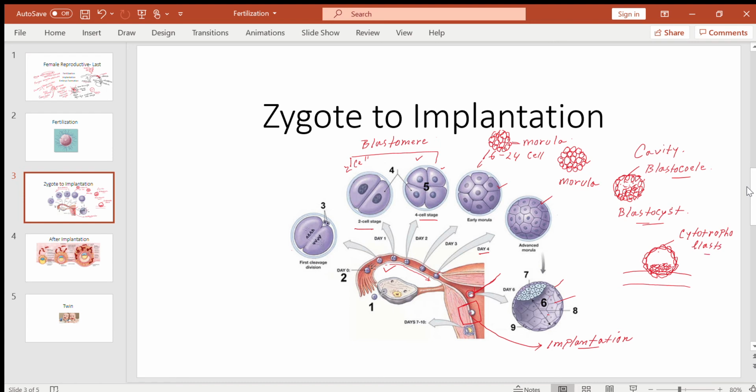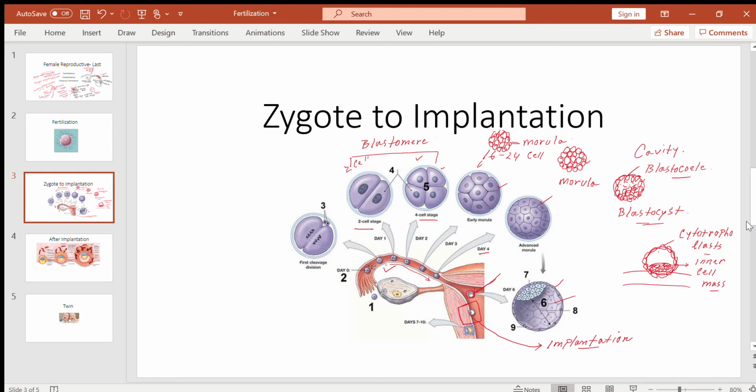Okay, these cells form the shell or outer surface, and these cells inside the blastocyst form a mass, and that mass is called inner cell mass.